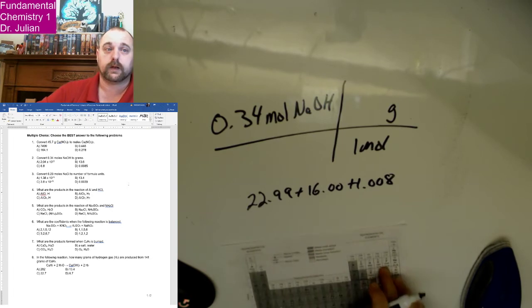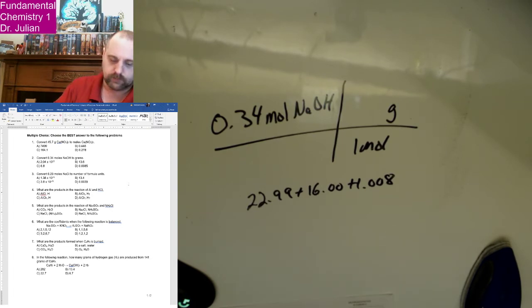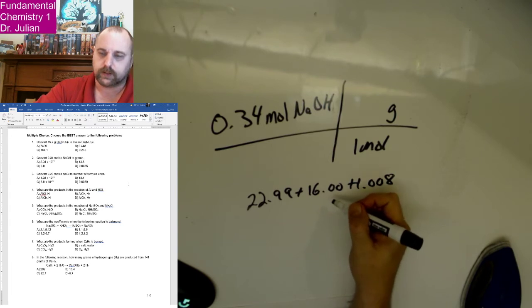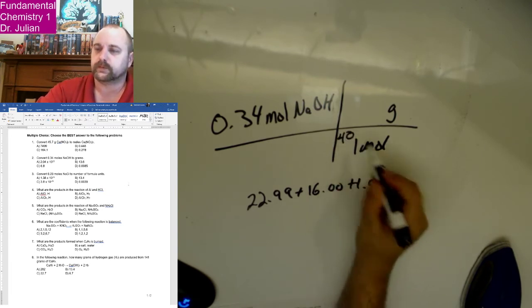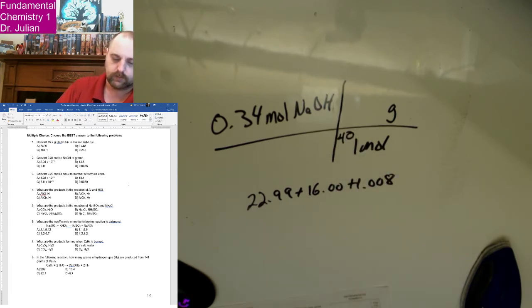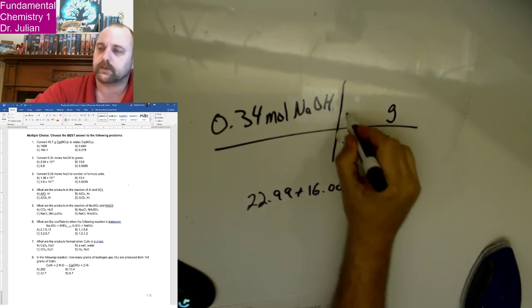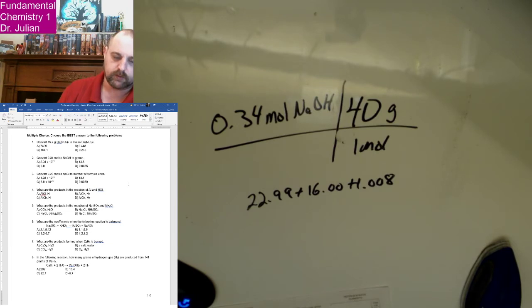Just getting those numbers right off my periodic table. All right, so 22.99 plus 1.008 plus 16, 39.99. I'm going to call it 40 since it's multiple choice. 0.34 divided by, whoa, I'm in the wrong place. That needs to go with the grams. There. Times 40.